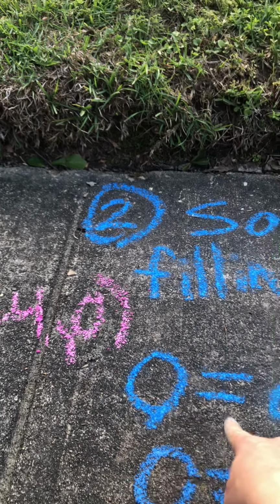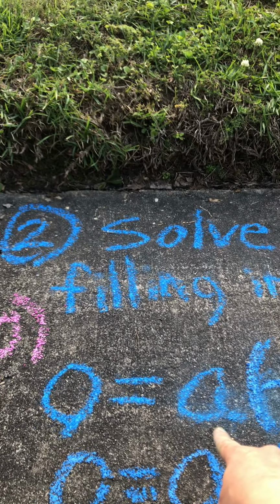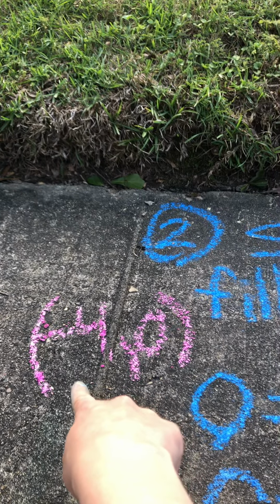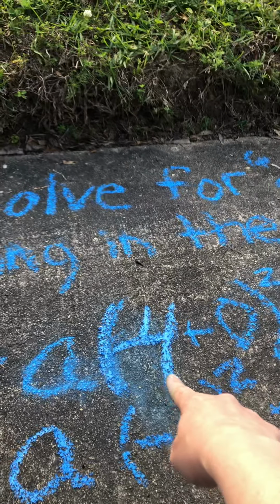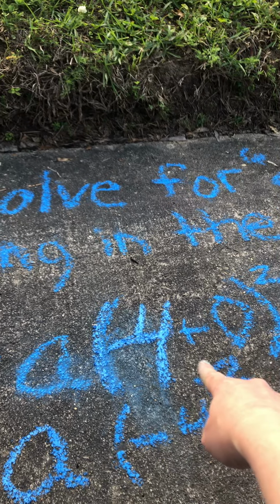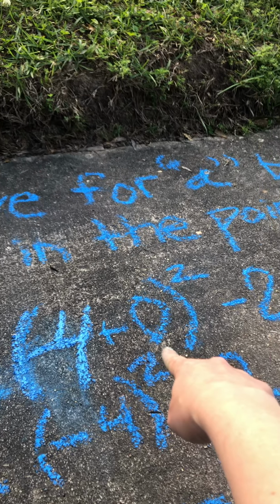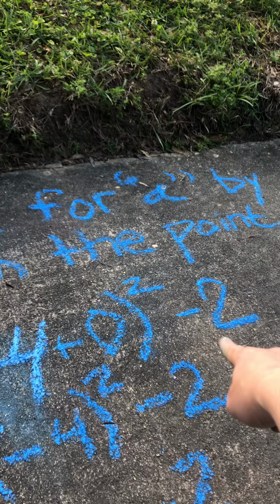So 0 equals, I'm going to leave the a there because that's what I'm solving for, okay? The x value of the point that it goes through is -4. That's what I plugged in right here. So -4 for x, and then plus 0. Remember, 0 comes from the vertex, right? That's the x value of the vertex, squared, and then -2.